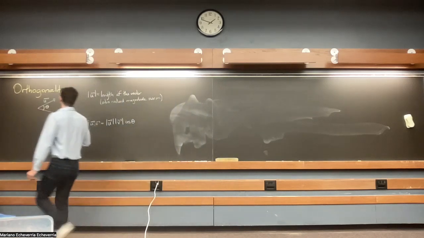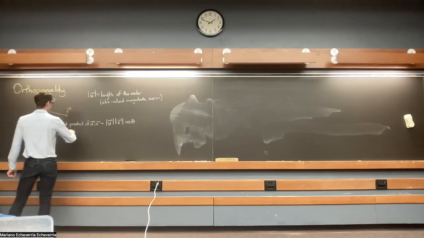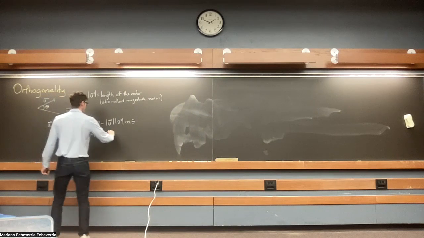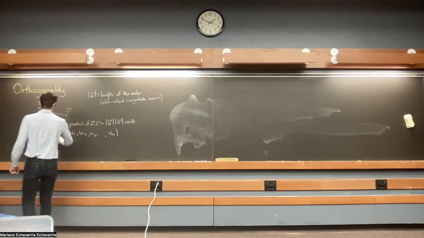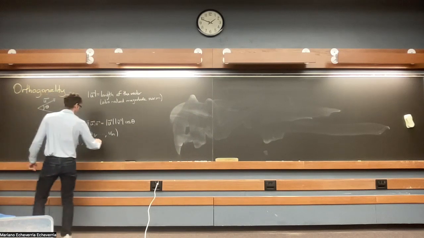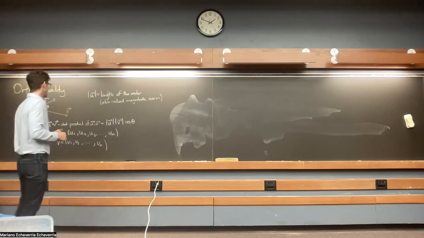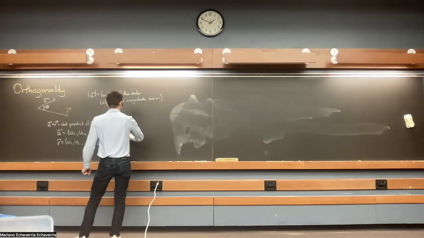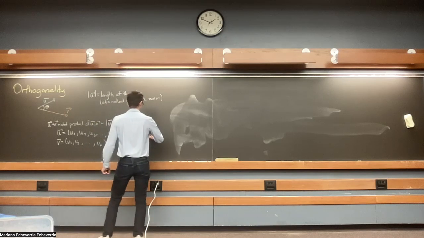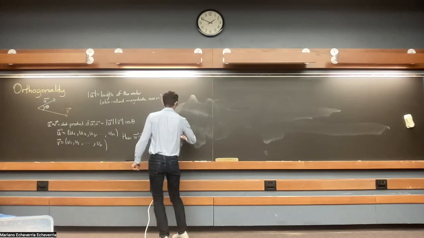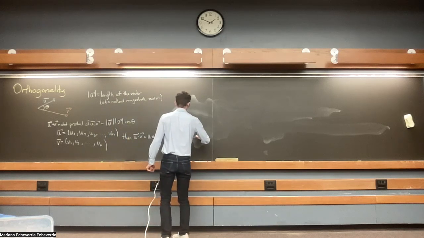So the idea is that if you have some entries u1, u2, u3, up to un, let's say that the vectors have n entries, and v1, v2, up to vn, then u dot v is u1 v1 plus u2 v2 plus u3 v3 plus and so on up to un vn.